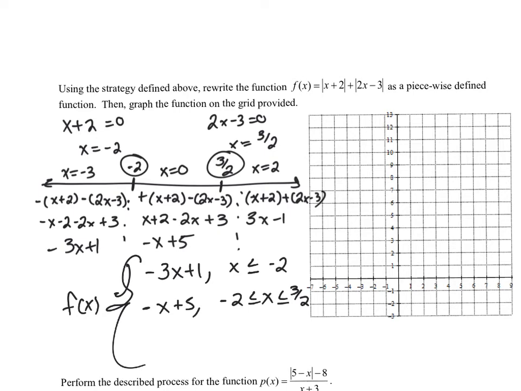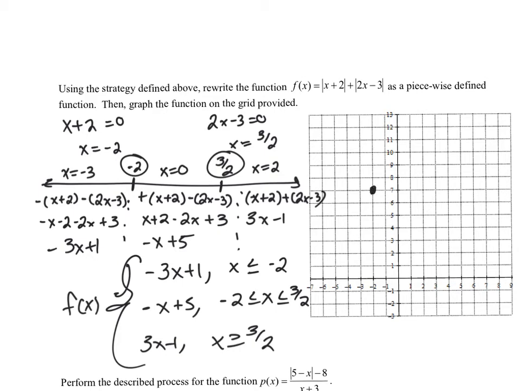And the last piece, we have 3x minus 1 when x is greater than 3/2, okay? And so when we graph, when x is -2, y is 7, okay?